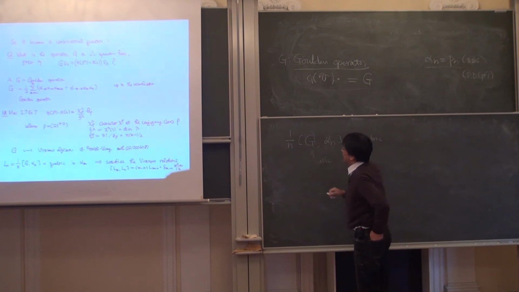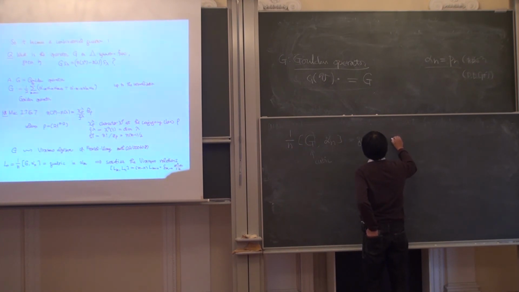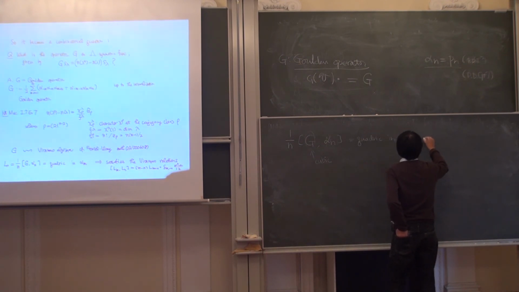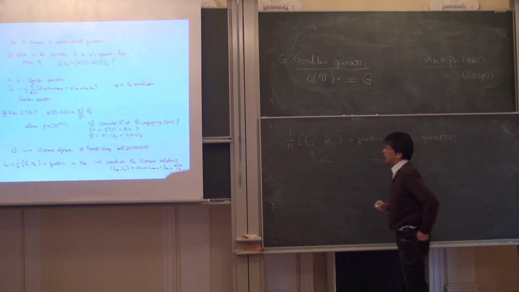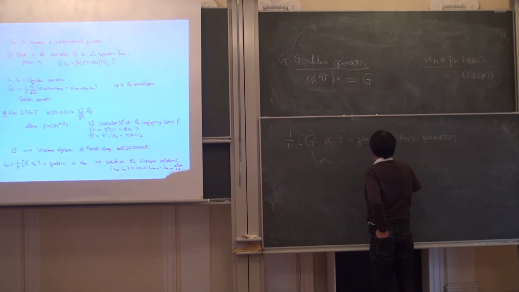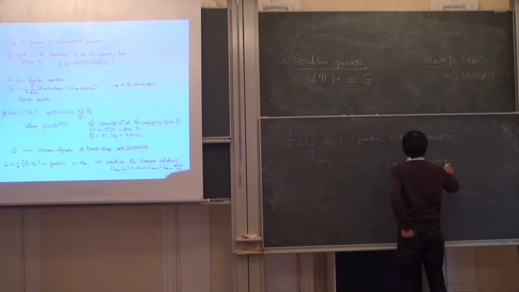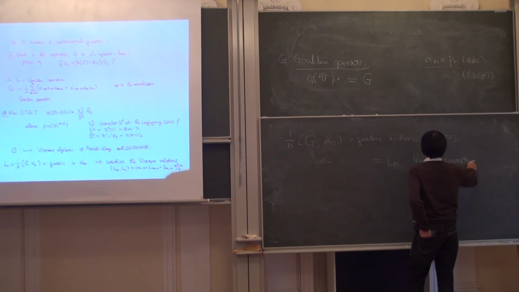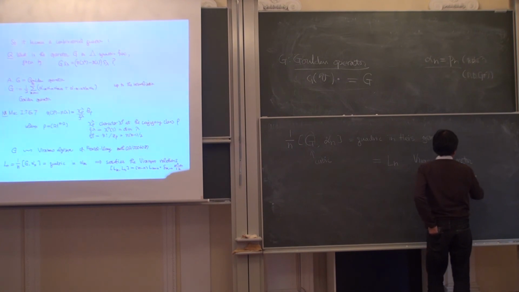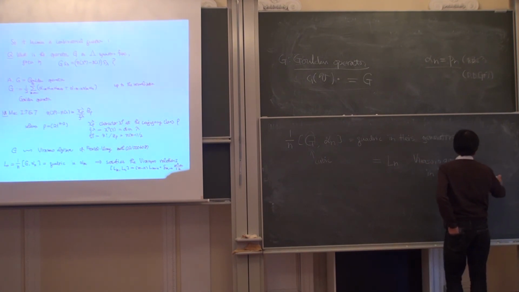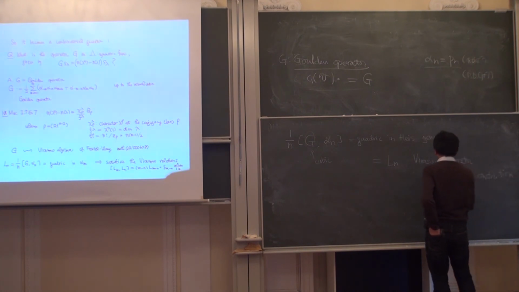You just compute the commutator; I don't write down the explicit formula, but it's easy. And this is exactly the Virasoro generator in the Sugawara construction, or Feigin-Fuchs.